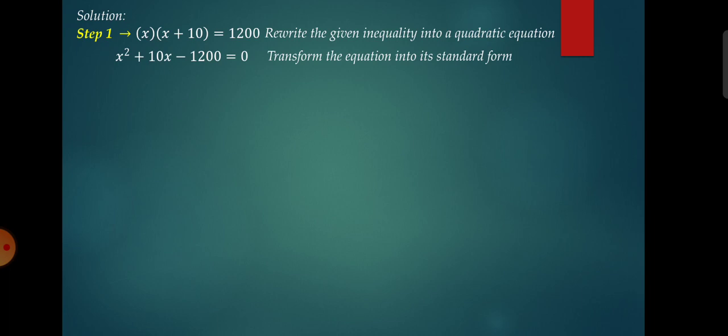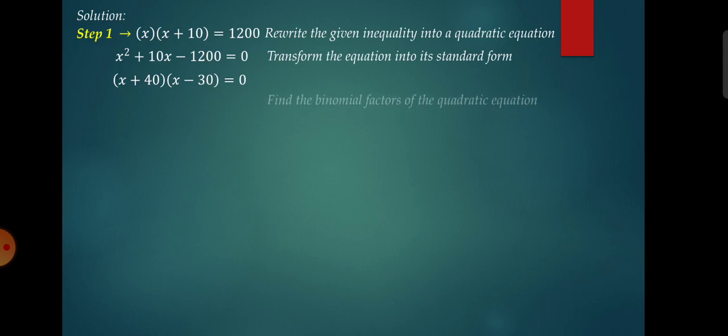And the 1,200 on the right side, you transfer to the left, becomes minus 1,200 equal to 0. Then I use the factoring method. The factors of negative 1,200 are positive 40 and negative 30. 40 times negative 30 is negative 1,200. 40 minus 30 is positive 10, which is the sum.